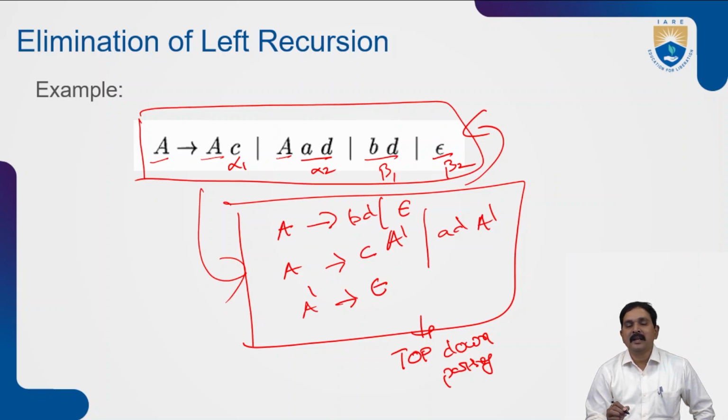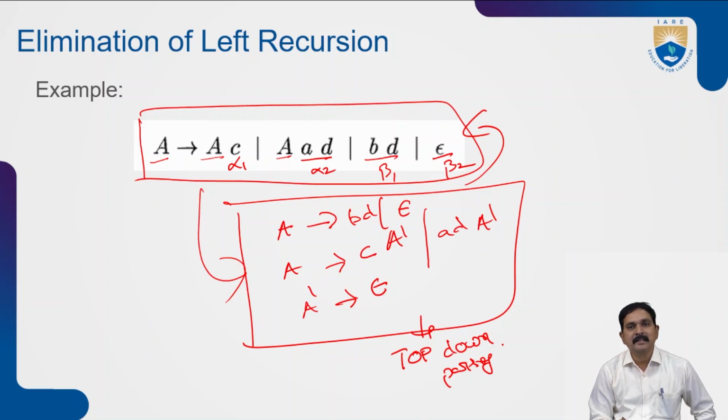Suppose the productions are in left recursive format; we try to convert those productions into non-left recursive format. After converting all productions into non-left recursive format, you can make use of the resulting grammar for the purpose of top-down parsing.